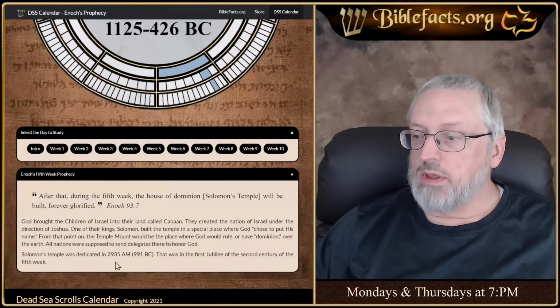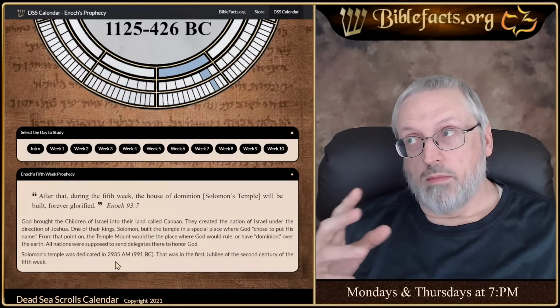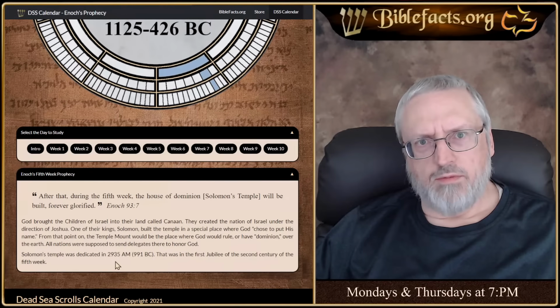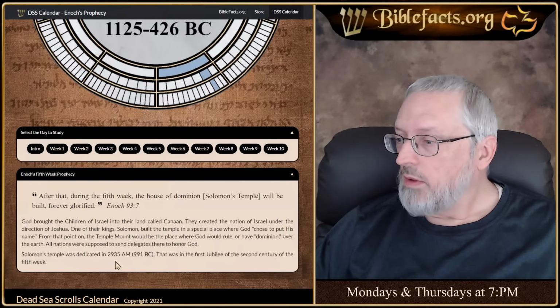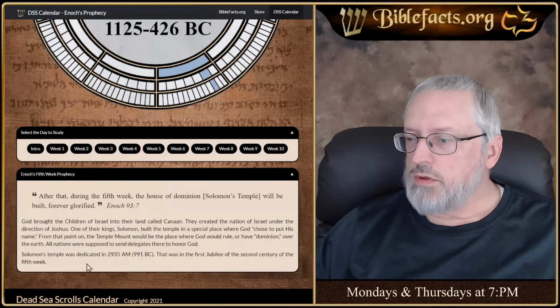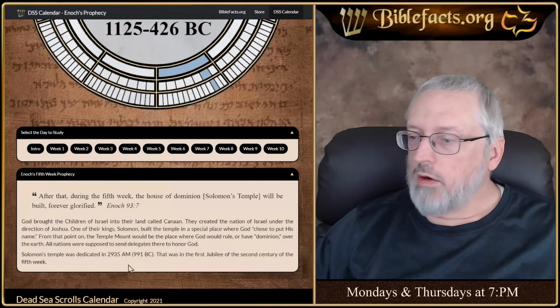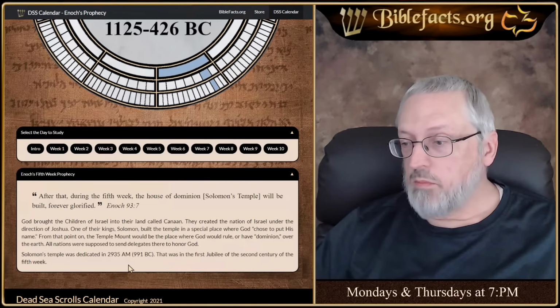Solomon's temple was built in, or actually built, and then it took 8 years, I believe, to dedicate. So this is found, we should say that here. Anyway, it's in 1st or 2nd Kings, chapter 6. Need to add that on here. But anyway, that's how we get to that point.